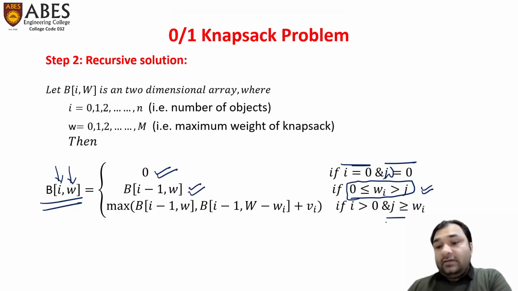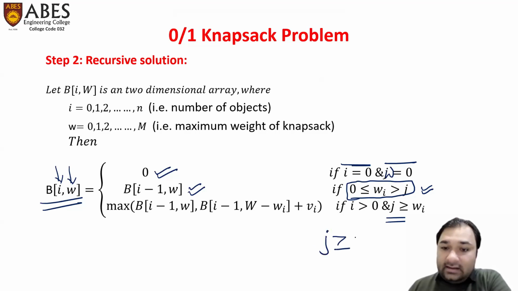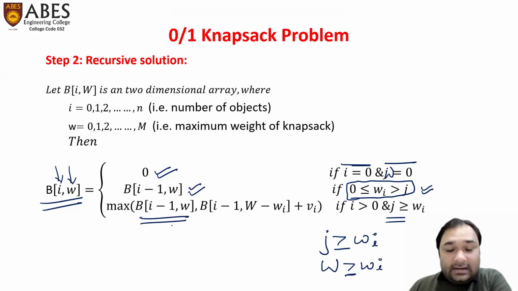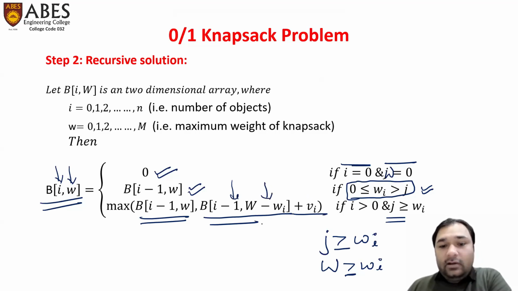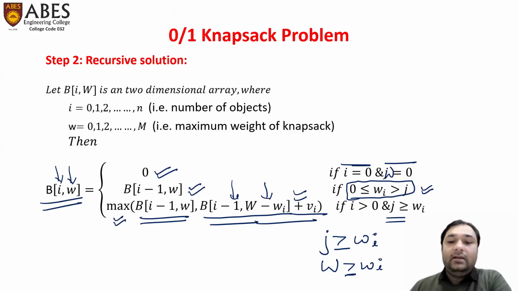If the capacity is greater than or equal to the weight of the item, that is W greater than or equal to wi, then we are either taking the previous value, or we are considering the previous item with the capacity of the knapsack minus the weight, plus the value attained from it. And we will return the maximum of those.